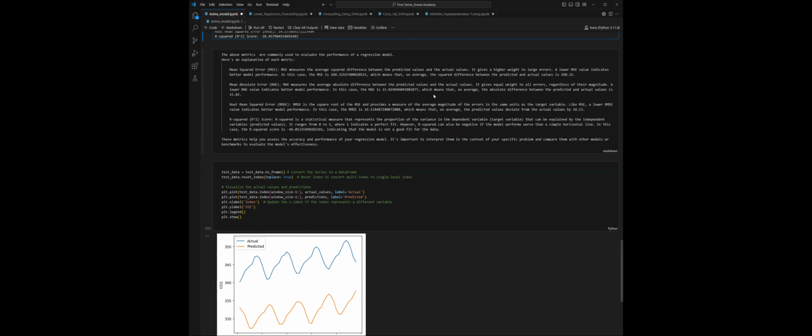So yesterday, we started our practical in time series forecasting with a simple statistical model, that is the ARIMA model. Autoregressive integrated moving average. This is what ARIMA stands for.